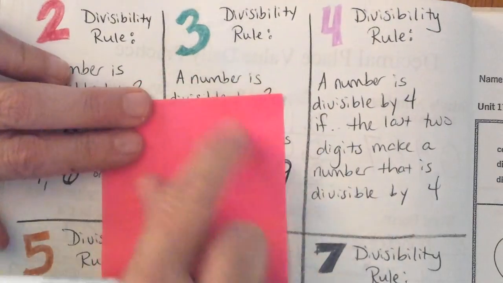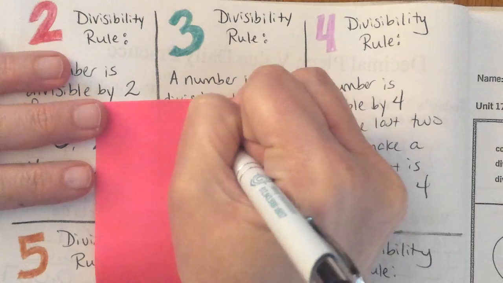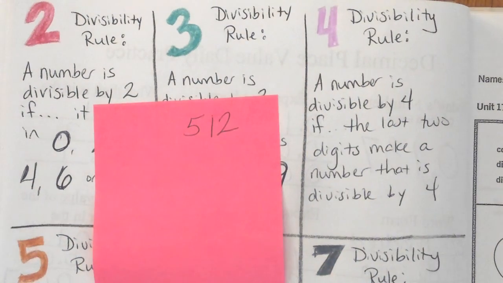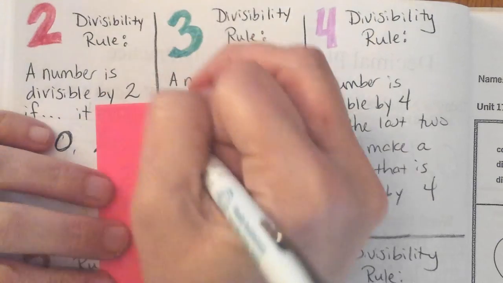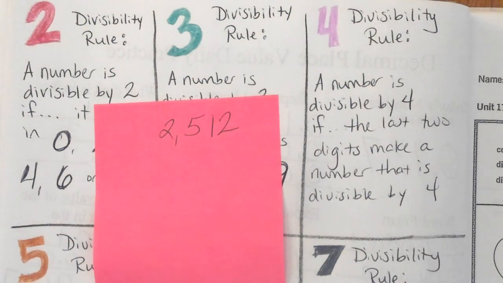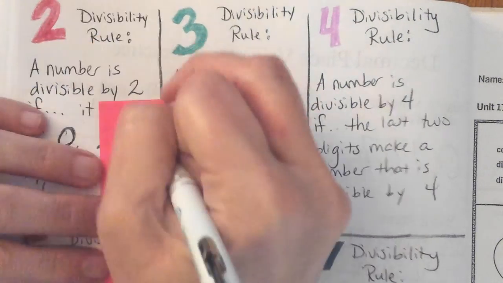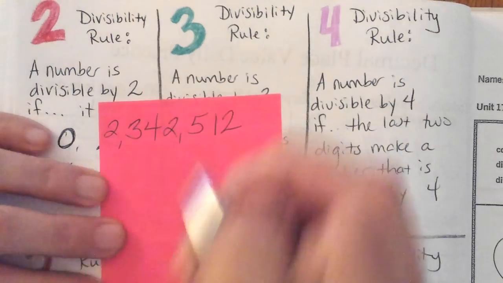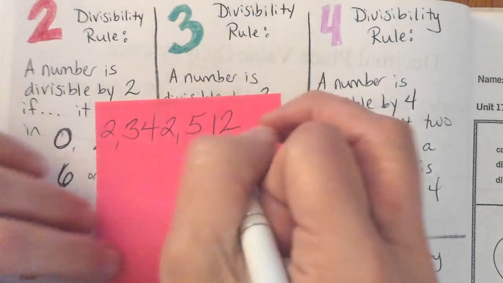You know that 12 is divisible by 4, so 512 is divisible by 4. 2,512 is divisible by 4. 42,512 divisible by 4. 2,342,512.